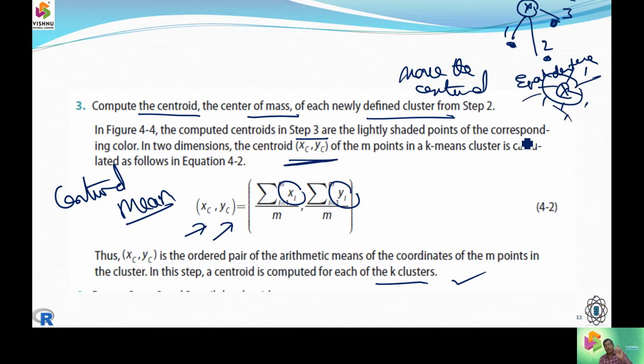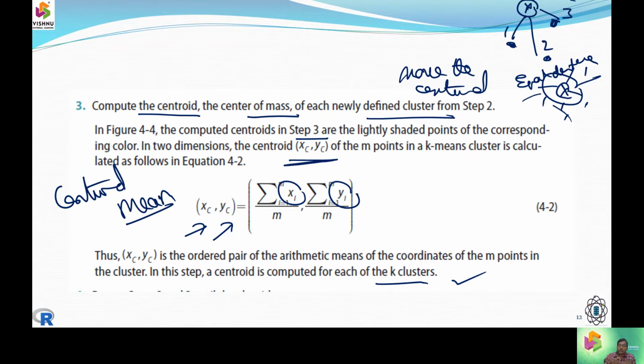And one more important takeaway was, it need not be an object in the existing data set. Got it? So centroid need not be an object in the existing data set. So it can be some value which is not in the data set.